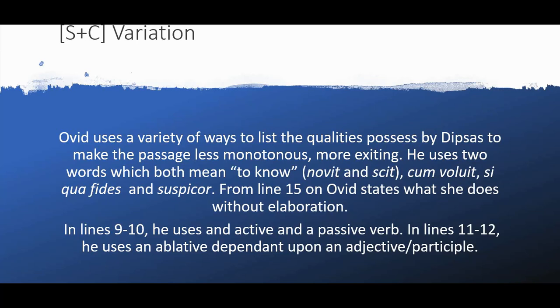If you could spot it as well, in lines 9 to 10, he uses an active and a passive verb. I think the passive verb is "are gathered", right? The clouds are gathered from the whole sky. And in lines 11 to 12, he uses an ablative dependent upon an adjective.